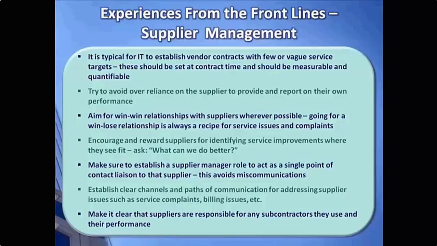Make sure as you put this into place that you establish a supplier manager role to act as a single point of contact, as a liaison to that supplier, and that'll avoid some of the miscommunications. So the supplier manager basically is the go-to person for that supplier. It's also the go-to person from your IT organization if you need to deal with the supplier in any way or fashion.